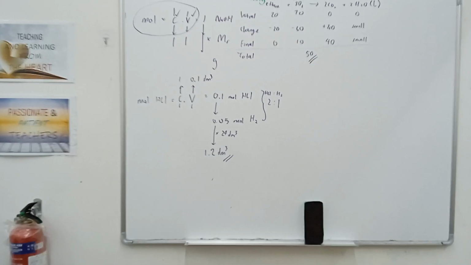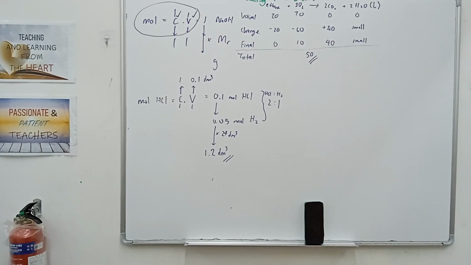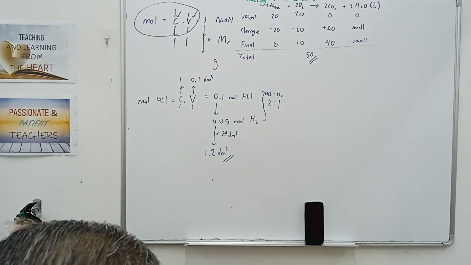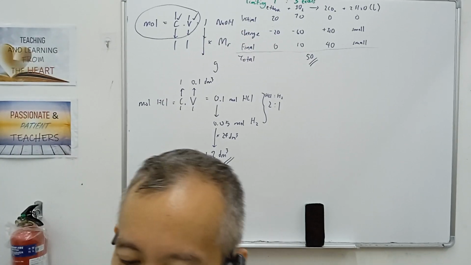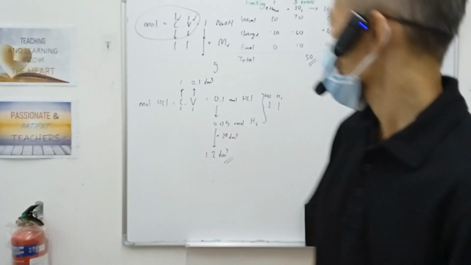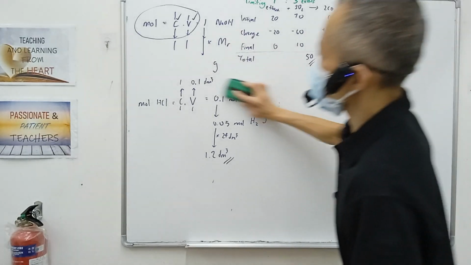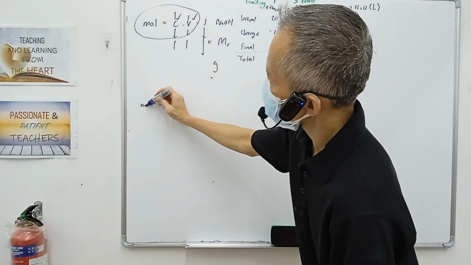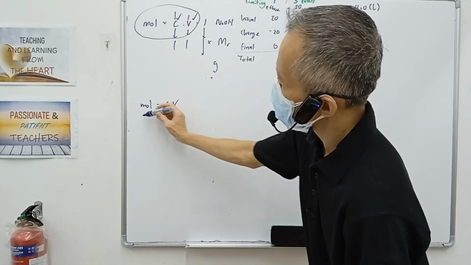Okay, anyway, how much HCl is needed for this reaction? Okay, the answer is A. Because you missed out something. How do I do this? Guys, try to remember this by now. Mole equals to Cv, but mole of what?